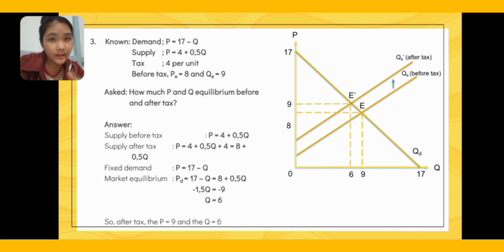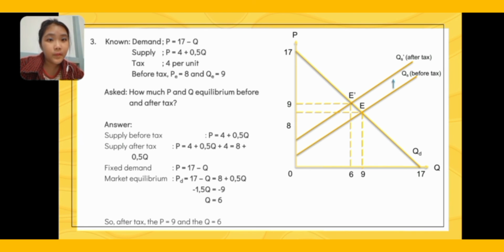Before tax, the price equilibrium is 8 and the quantity equilibrium is 9. And then we are asked how much the P and Q equilibrium are before and after tax. This case is about specific tax. How to solve it?